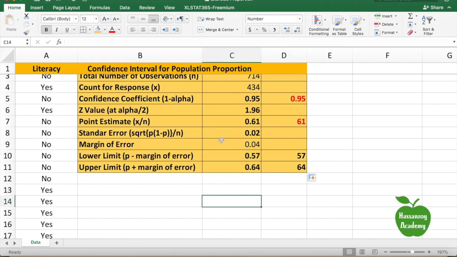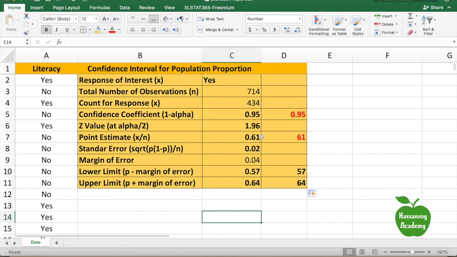So in this example, our point estimate is 61%, which is within these two limits, which is between 57 and 64%. If our point estimate is outside this range, then we may be wrong in our calculation.